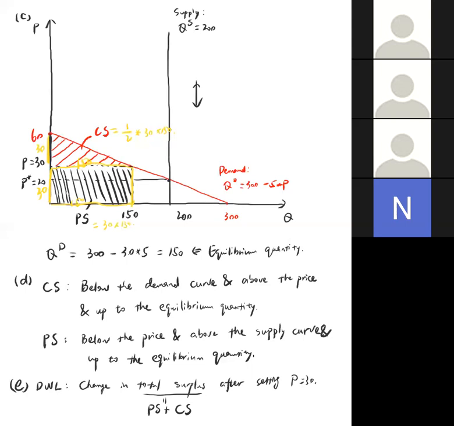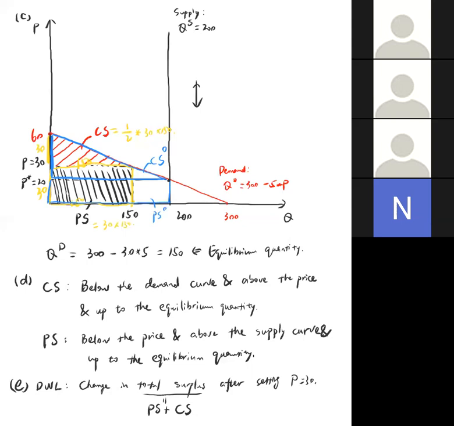So before the price change, the equilibrium quantity is 200 and the equilibrium price is 20. So I just use the blue line to represent the scenario before the price change. Before the price change, the equilibrium price is 20, and this will be the consumer surplus, CS0, and this will be the producer surplus, PS0.